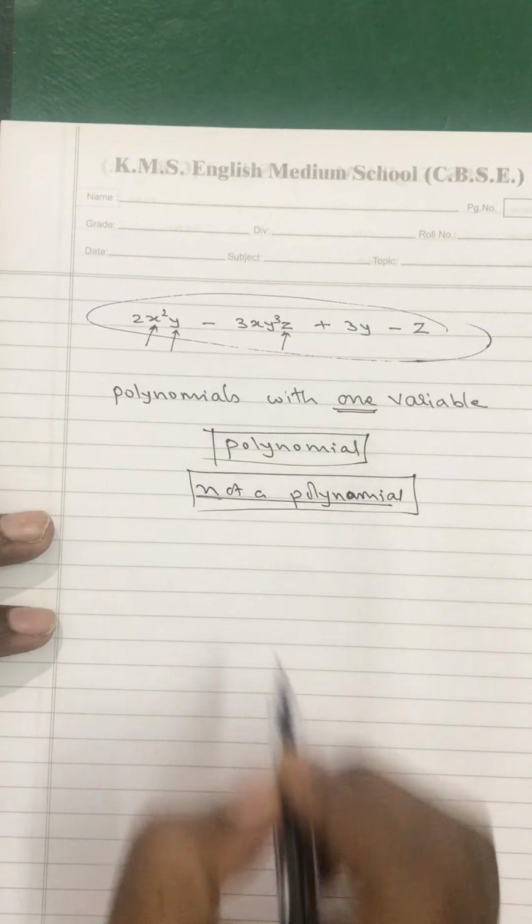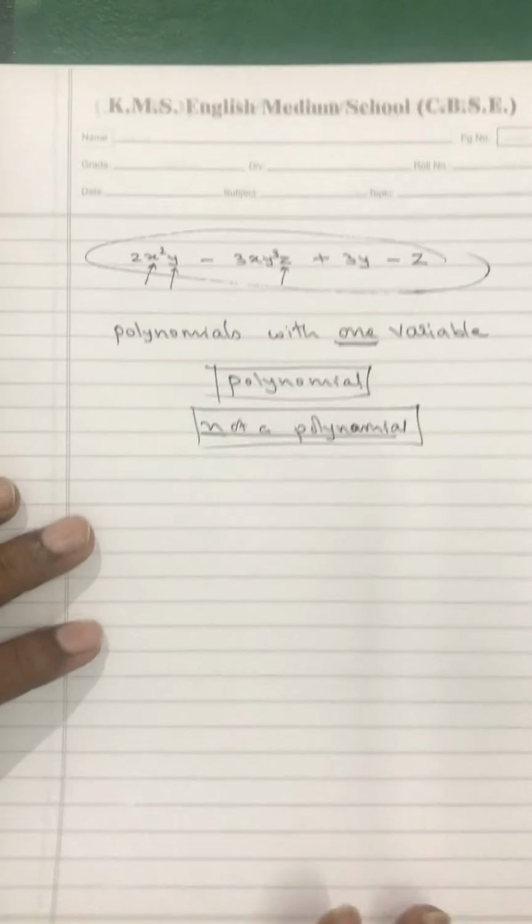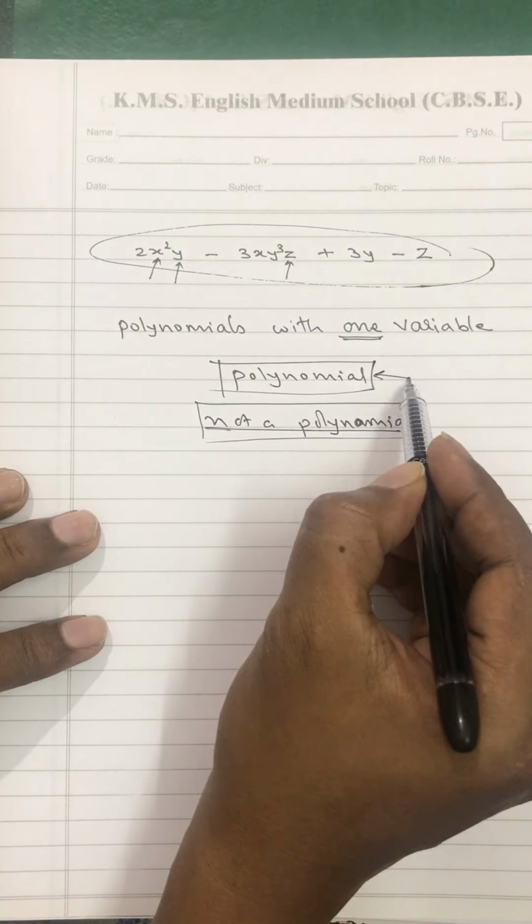First, you have to decide whether the given expression is a polynomial or not. And second is whether it is a polynomial in one variable. Two things should be satisfied. First of all, whether it is a polynomial or not, and second, whether it is a polynomial in one variable only. So first and foremost, what is important is whether it is a polynomial or not.